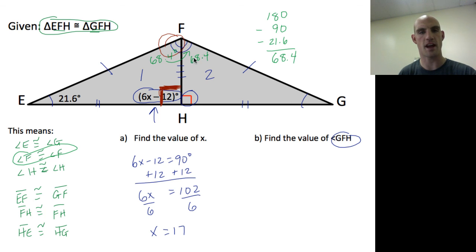I still want to find GFH, which gives me 68.4. Because all of the pieces of one triangle are congruent to all the pieces of another triangle, the two angles are congruent.